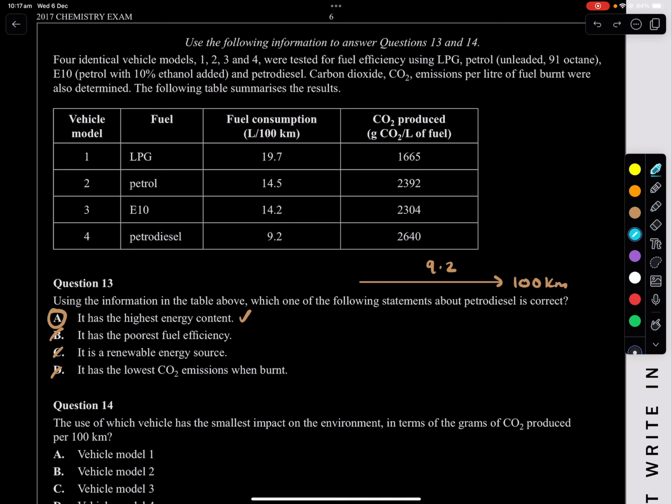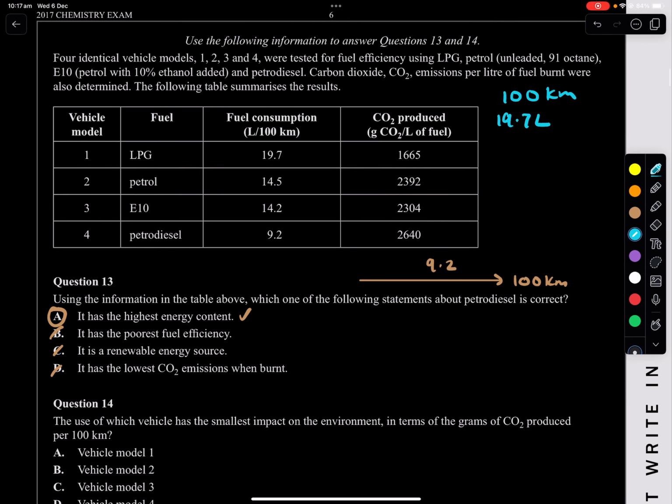So for the LPG, for every 100 kilometers, it takes 19.7 liters. And we know that this is the amount of grams of CO2 produced per liter. So for this car, because it uses 19.7 liters for the 100 kilometers, we just multiply this with this to get the grams of CO2 produced.